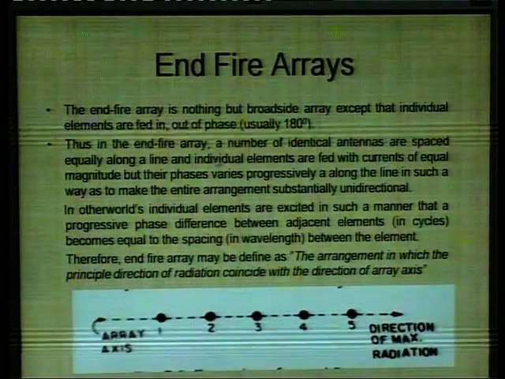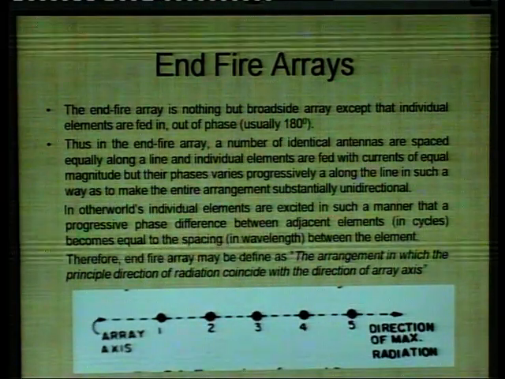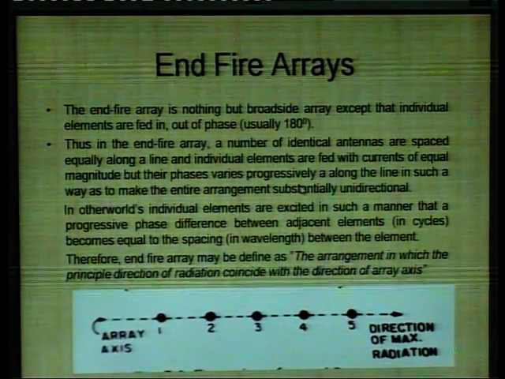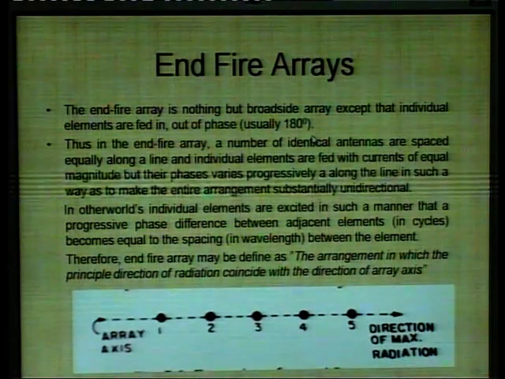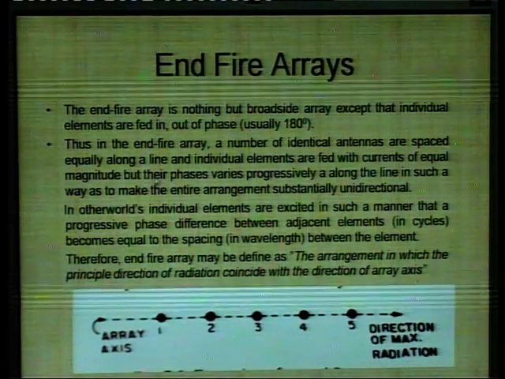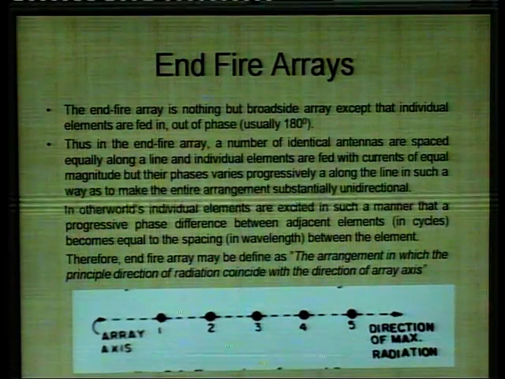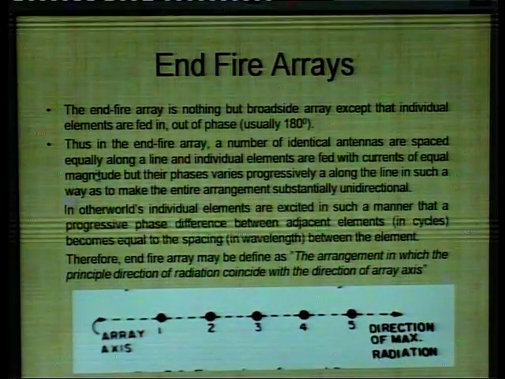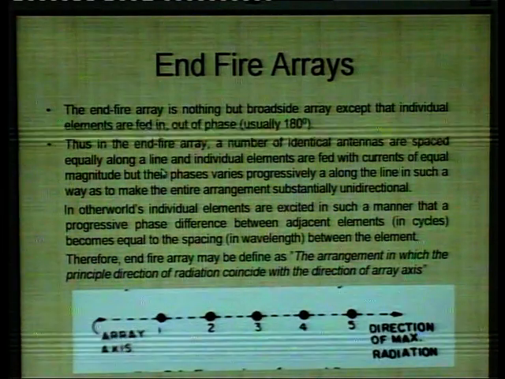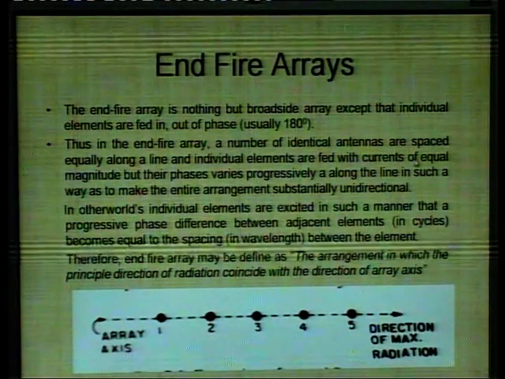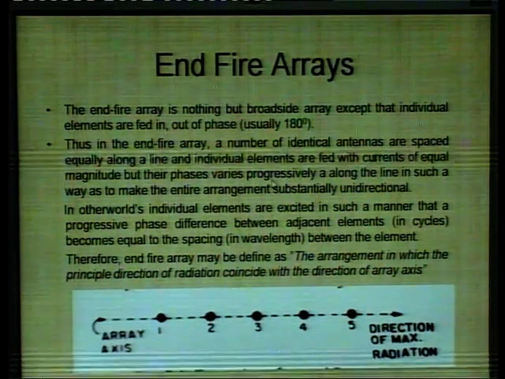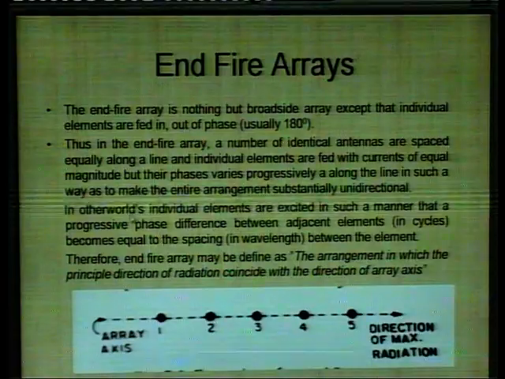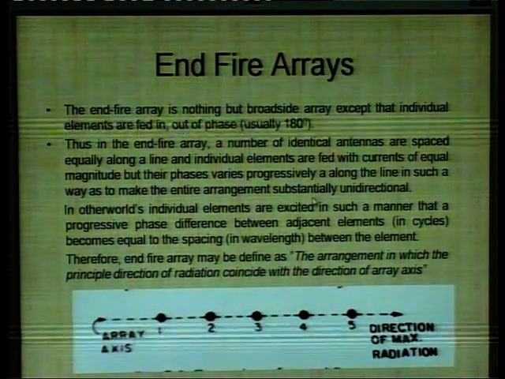Each element is fed with a current of equal magnitude, but in this case there is a phase shift of 180 degrees. Generally we use 180 degrees. Thus, in an end fire array, identical antennas are spaced equally along a line, and individual elements are fed with a current of equal magnitude, but their phases vary progressively along the line in such a way as to make the entire arrangement unidirectional.